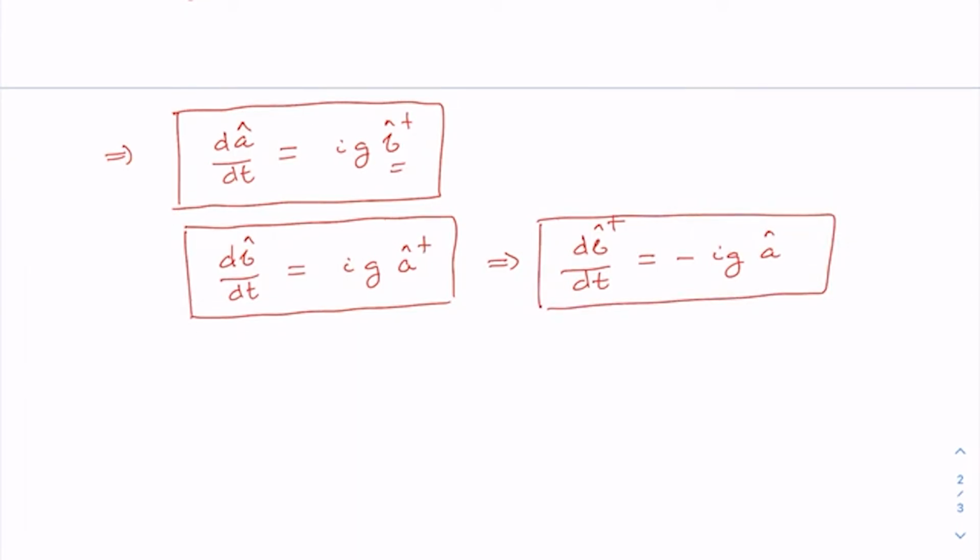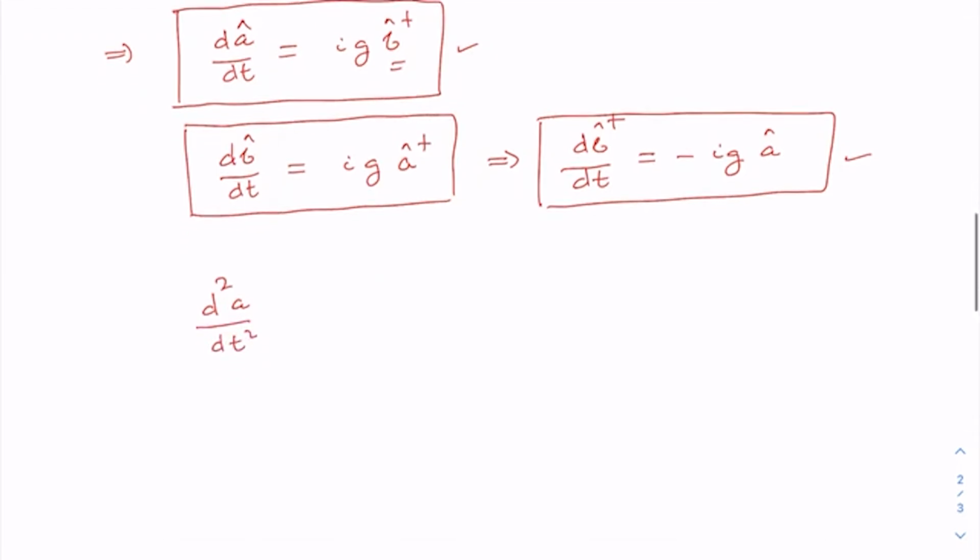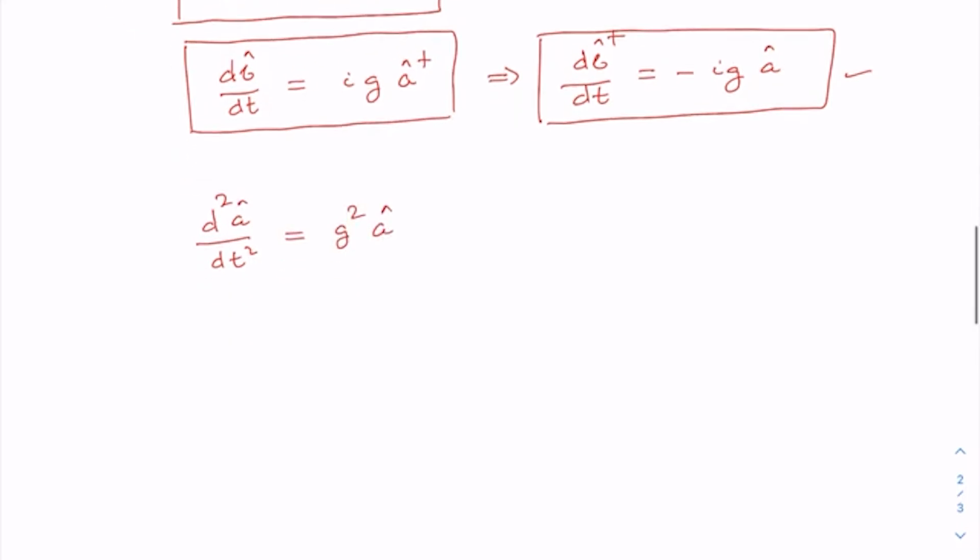Using this, we get the second order differential equation for a: d2a/dt2 is equal to z square a, and similarly for b: d2b/dt2 is equal to z square b.